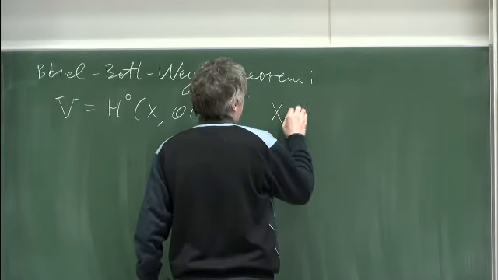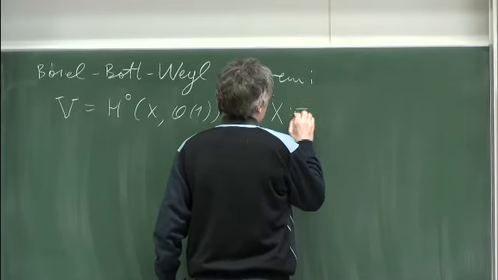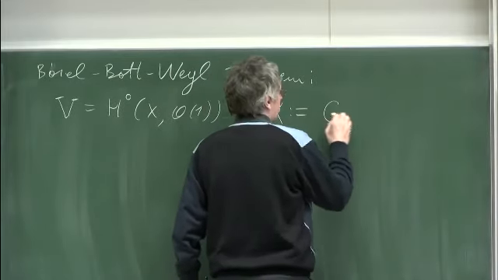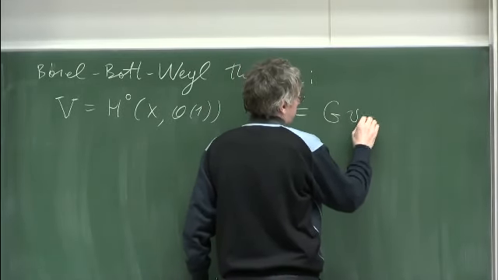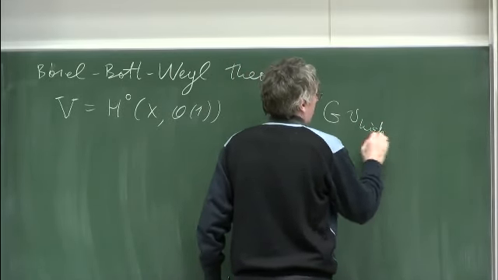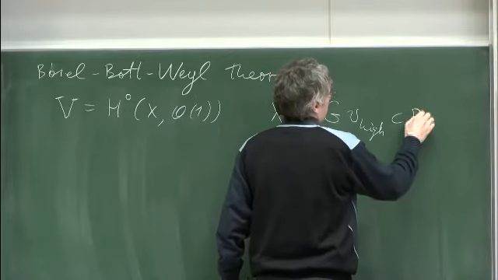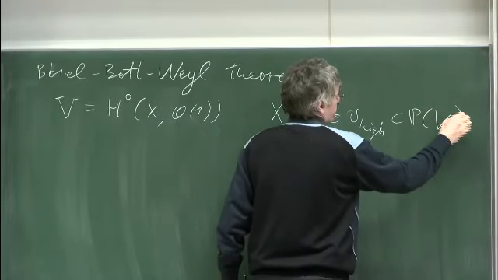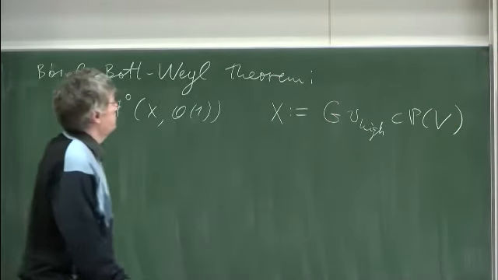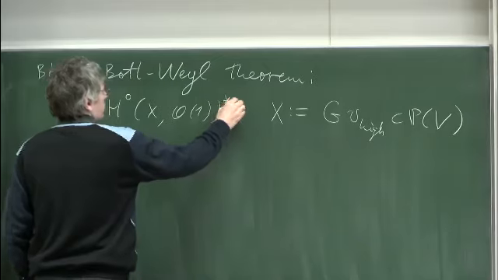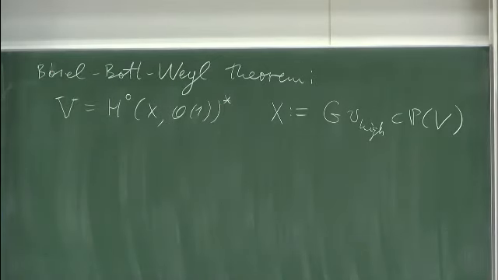And this X is actually just the orbit of the highest vector. So we take the orbit in the projectivization of our vector space V. So this is the definition.